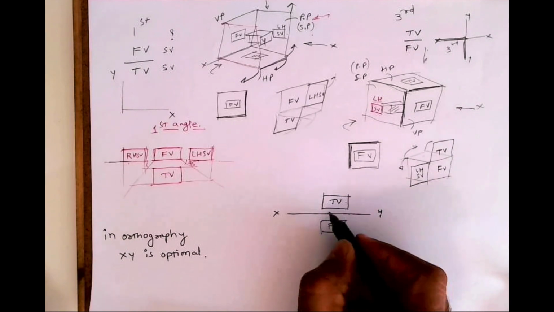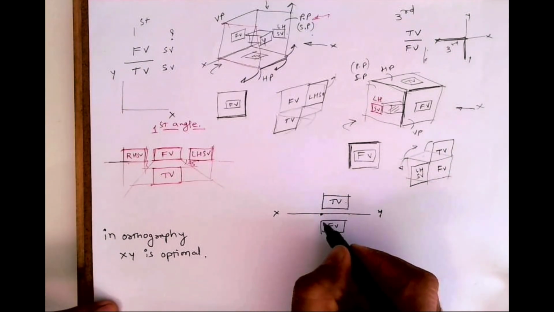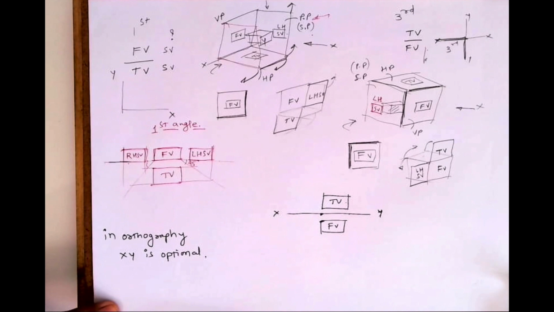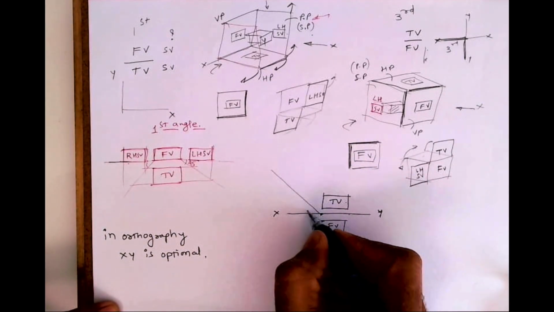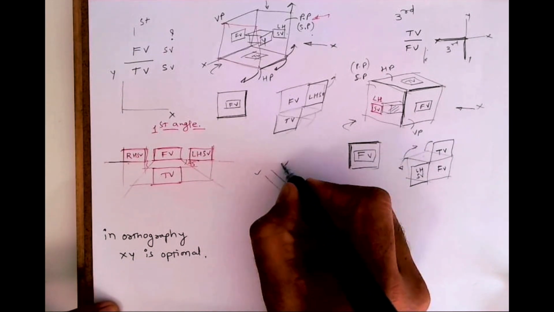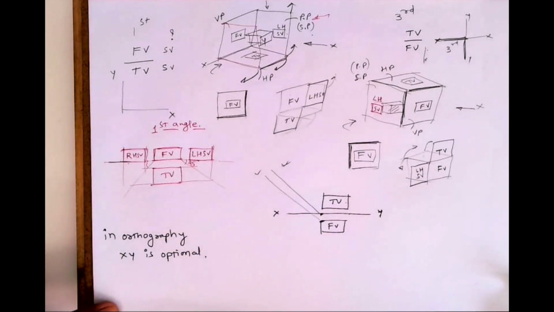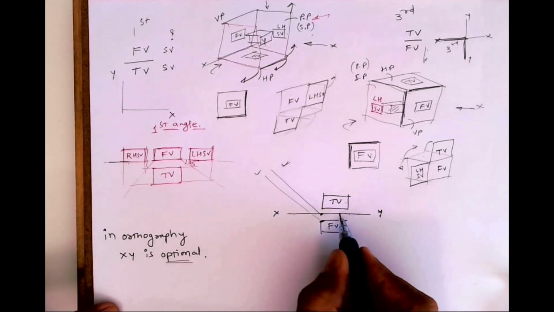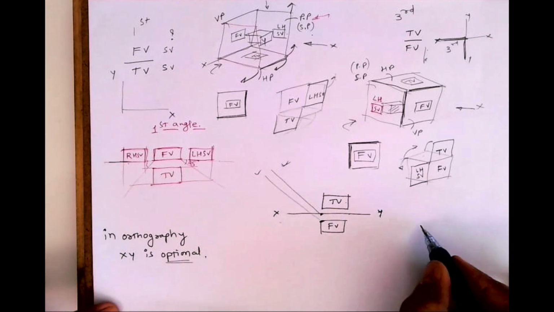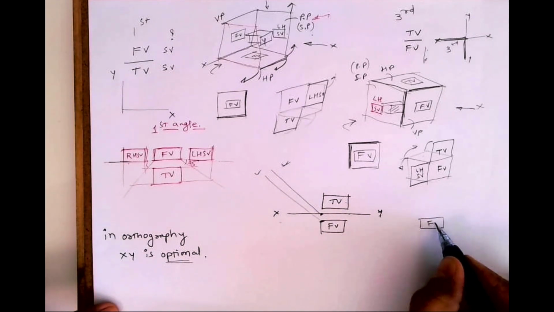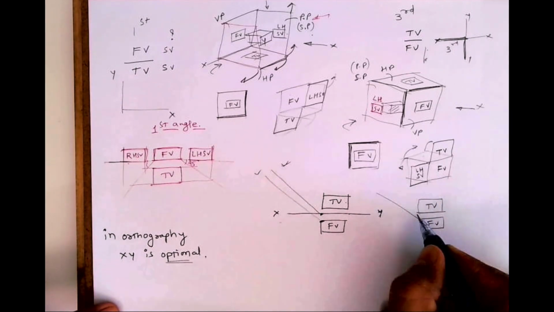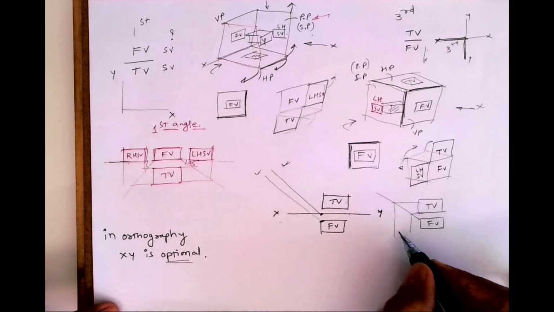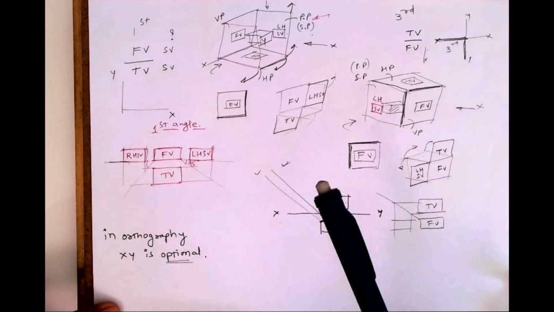Now if there is an XY, I will draw 45 degree. I can draw it from here also, I can draw it from here also. See, from here if I draw, or from here I draw, both will be right. So you should not get worried about it. So that's why I don't draw XY line in orthography. Now let's say if this is front view, this is top view, we take 45 degree from here and we draw left hand side view over here like this.